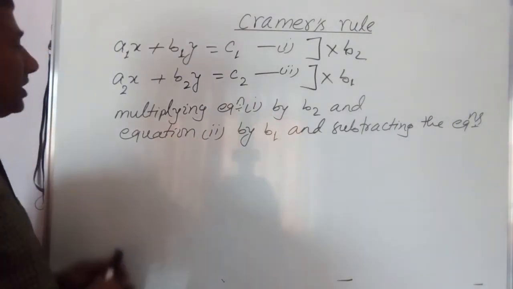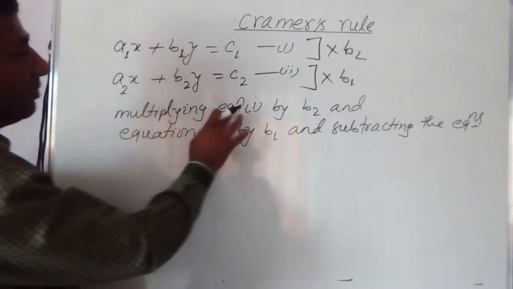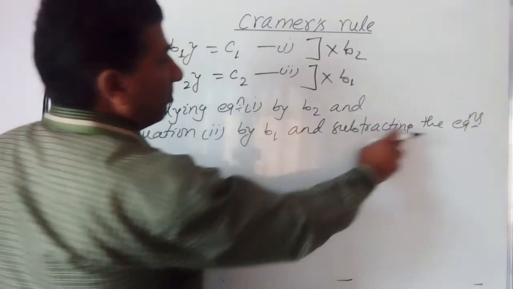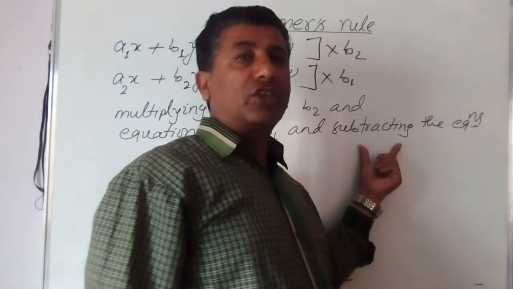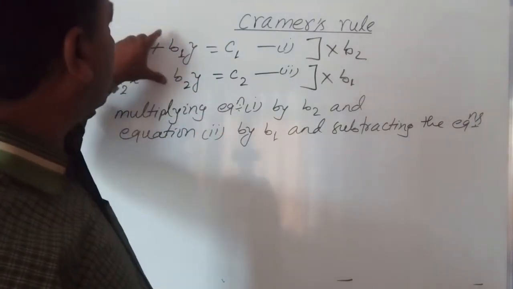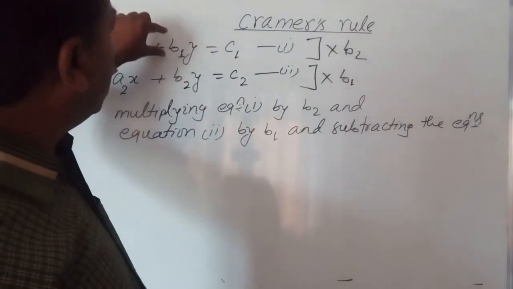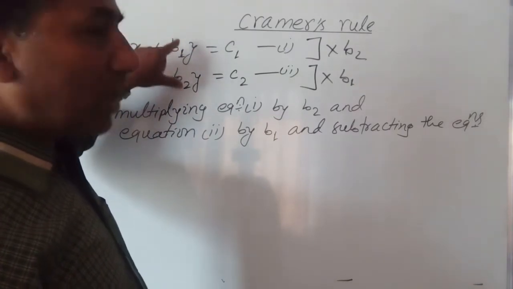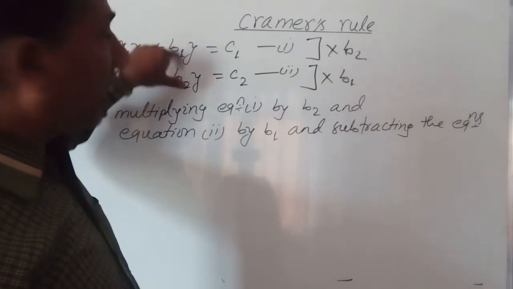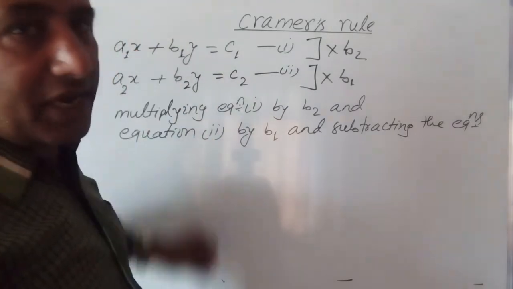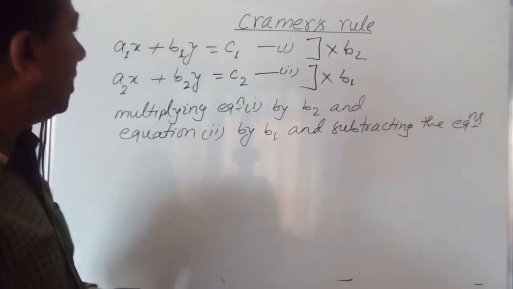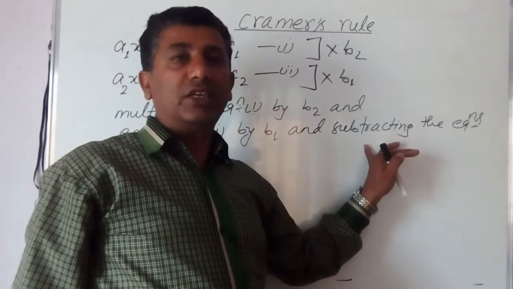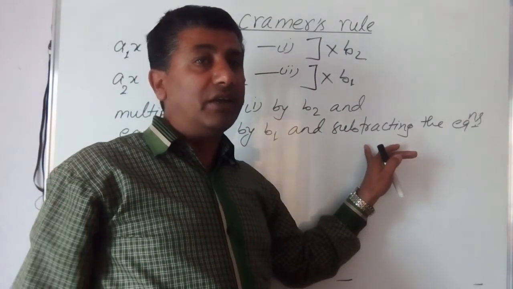Now I write this: multiplying equation 1 by b2 and equation 2 by b1 and subtracting the equations. Why do we have to do subtraction? Because they have the same sign, this positive and this positive. To cancel the term y, when they have the same sign, we have to subtract the equations.